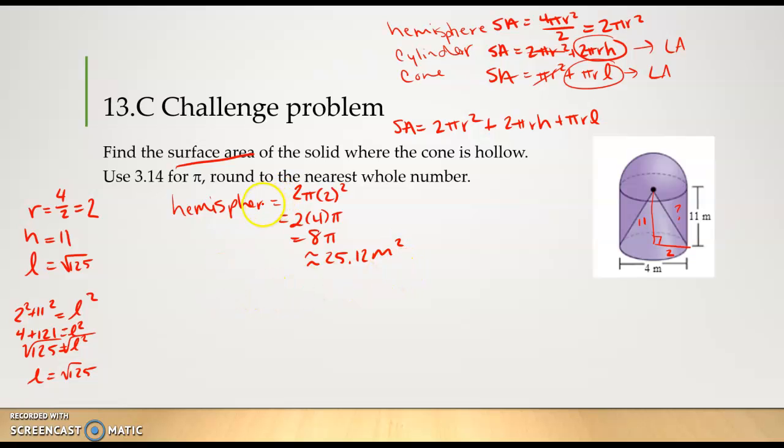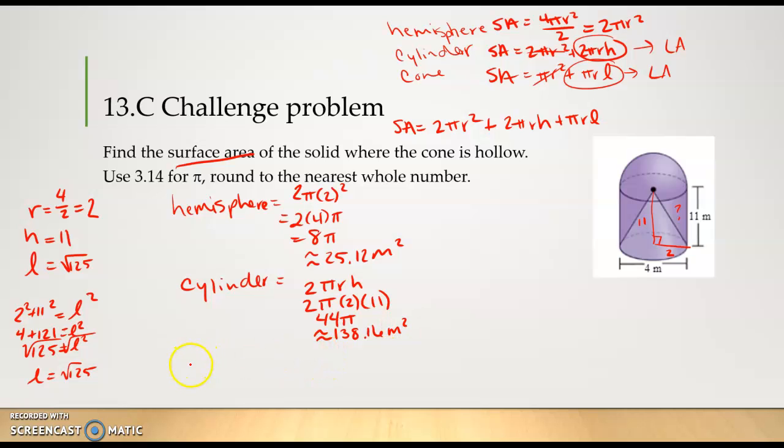So that's the hemisphere. From here we want the cylinder, in which all I need is this 2 pi r h. So we're going to have 2 times pi times our radius of 2 and the height of the cylinder, 11. So 2 times 2 is 4 times 11 is 44. So we have 44 pi, which is approximately 138.16 meters squared.